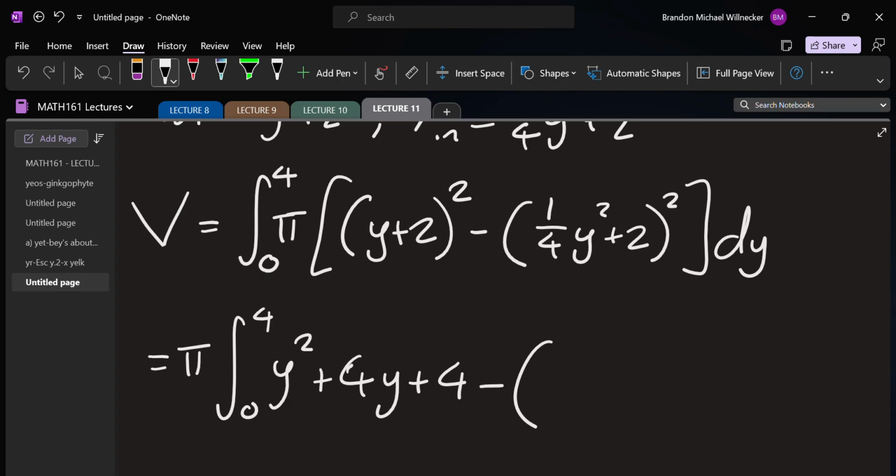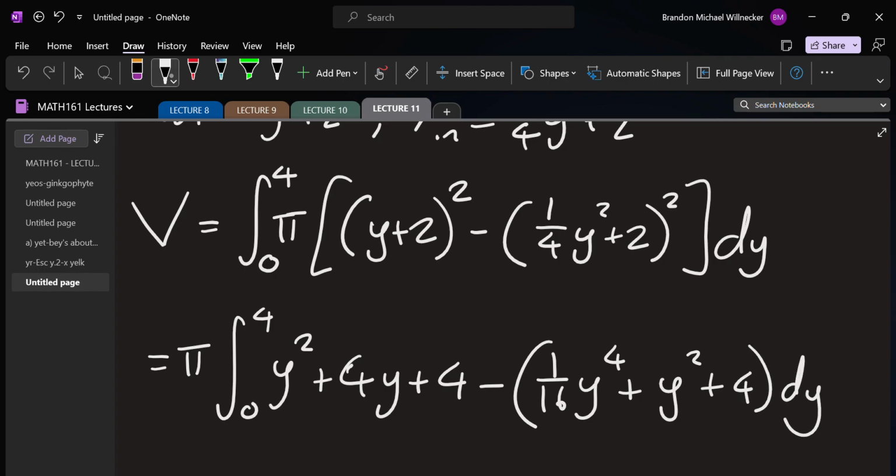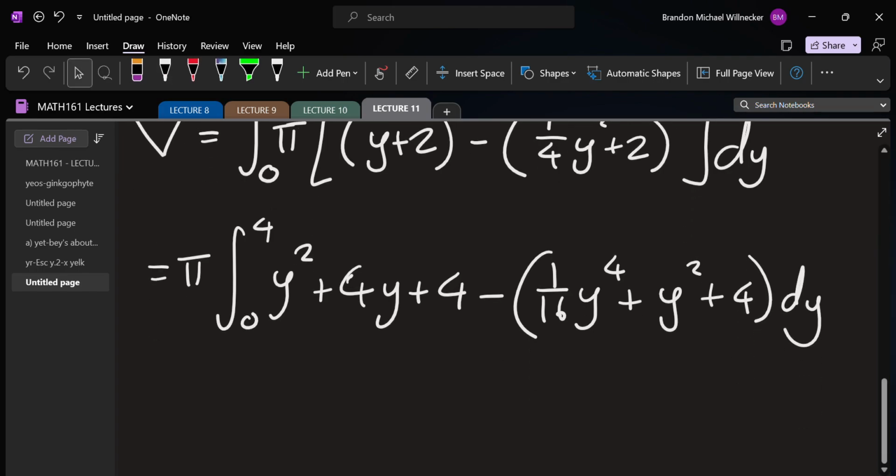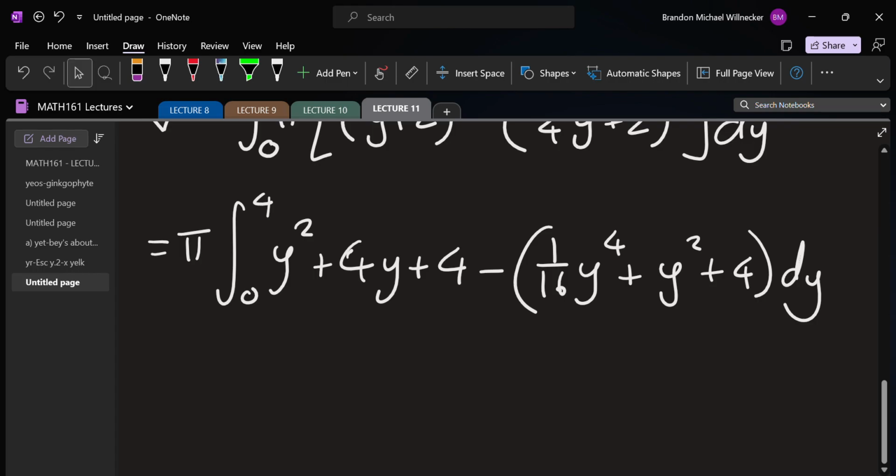So that's going to be pi integral from 0 to 4. The first one, that's going to be y squared plus 4y plus 4 minus. Okay, then we need to square the second bracket there. That will be 1/16 y to the 4 plus y squared plus 4.